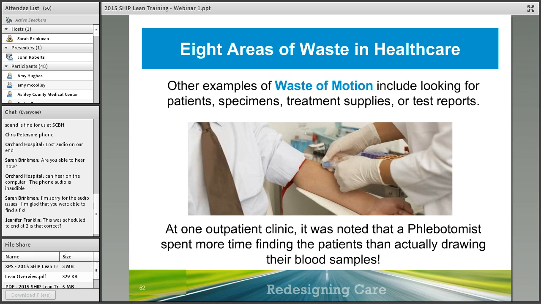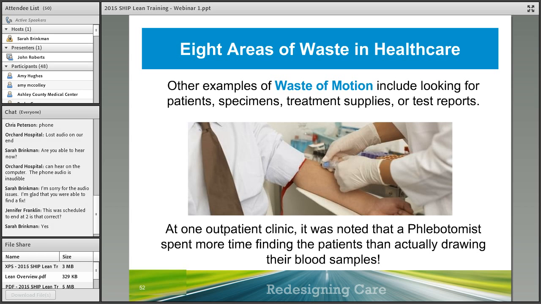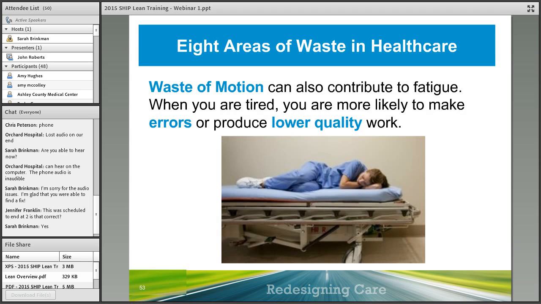Other examples of waste of motion are looking for patients or specimens or treatment or supplies or test results. Again, we see this a lot in some of the facilities we work with, is not having the right information at the right time, or the test results, or having to go track down where those things are. Again, that's all a waste of motion.